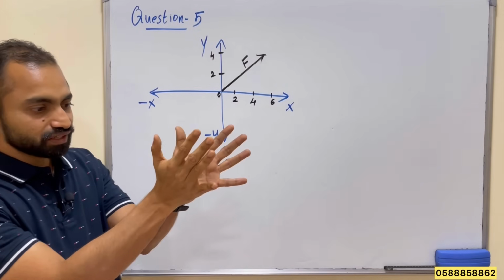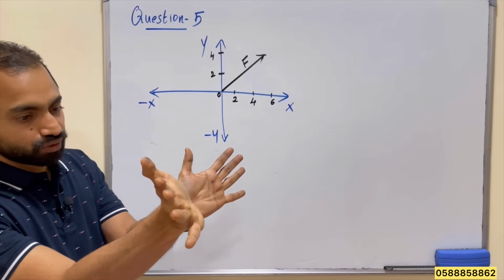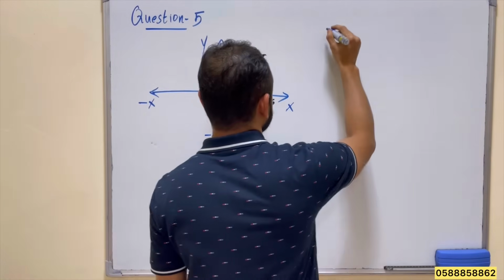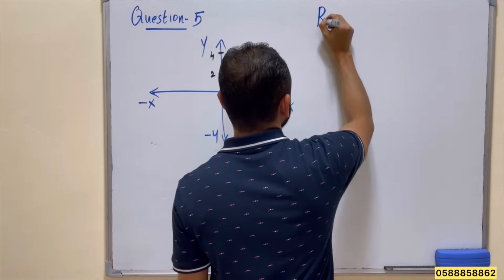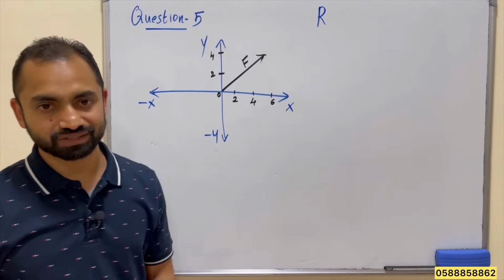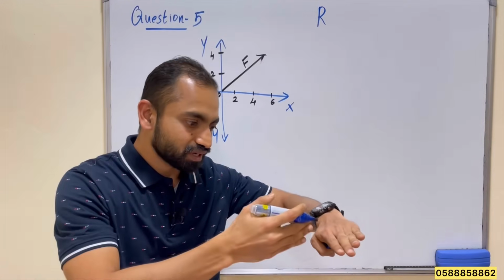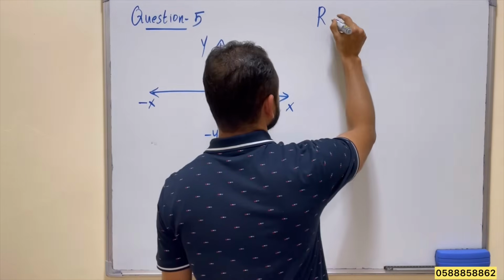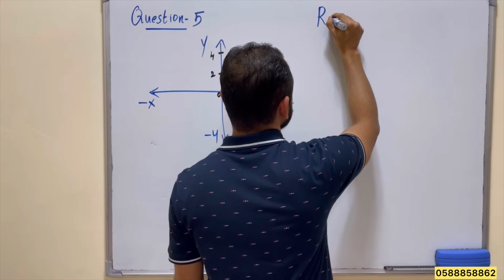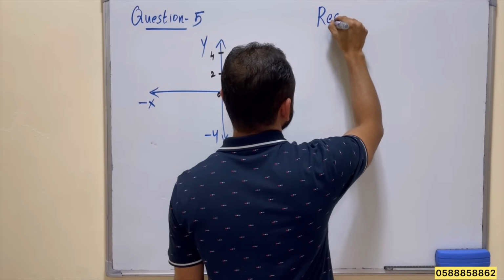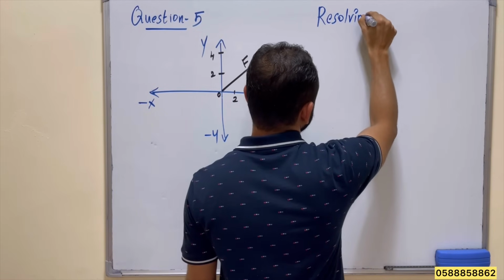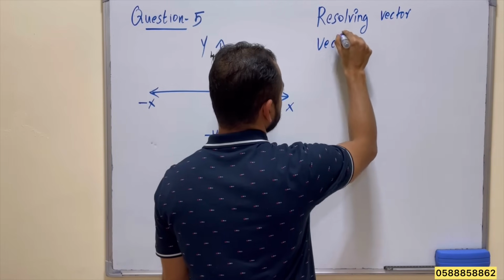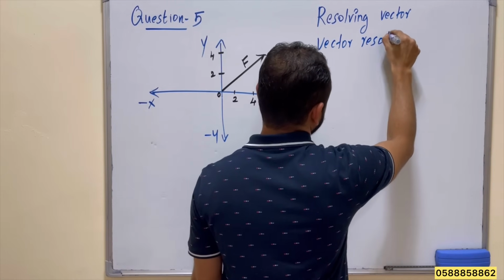Dividing a force into its x component and y component is called resolving a vector. Dividing a vector into its perpendicular components, x component and y component, right? X and y are perpendicular. So dividing a vector into perpendicular components is called resolving the vector, or we call it vector resolution.